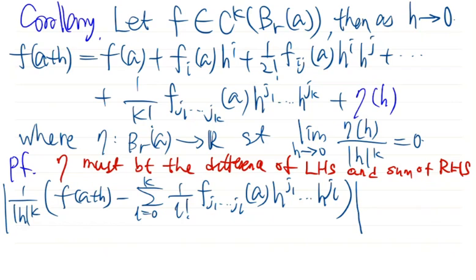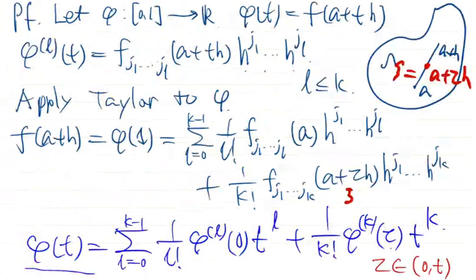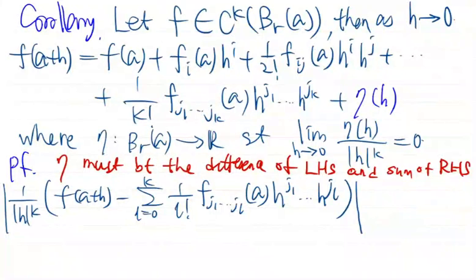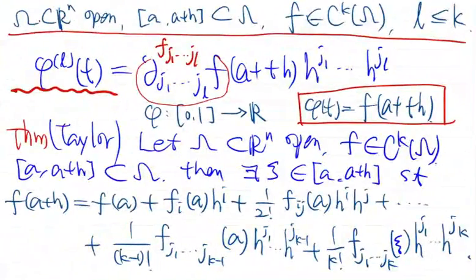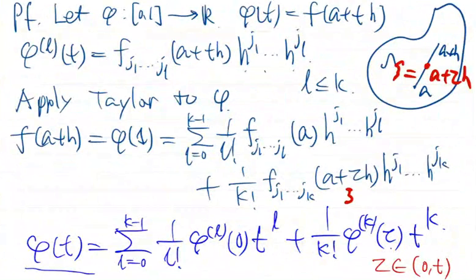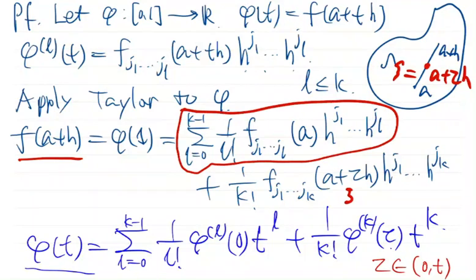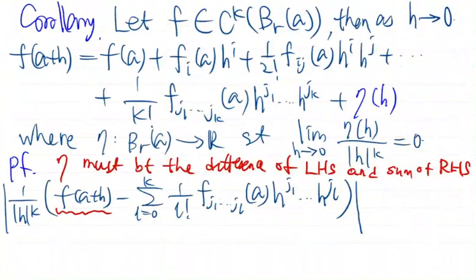Take absolute value and apply the previous theorem to f(a+h). For this term f(a+h), we apply the conclusion of the theorem. So f(a+h) is the sum from l from 0 to k minus 1, but now we subtract the sum from l from 0 to k.